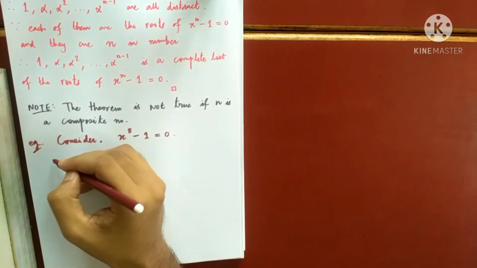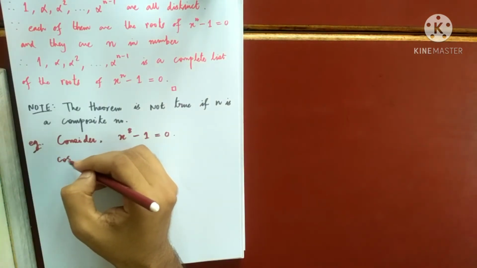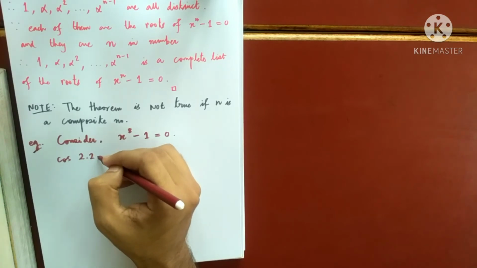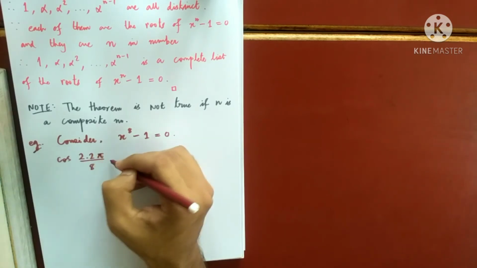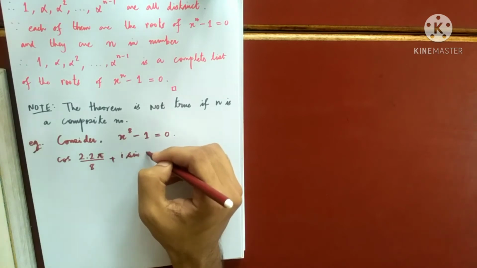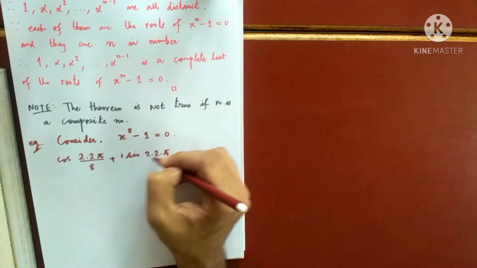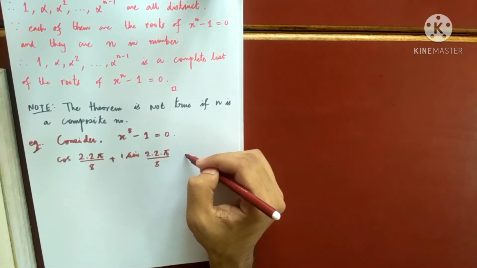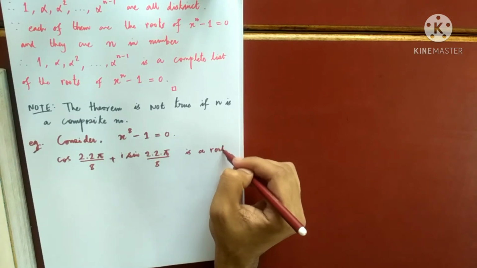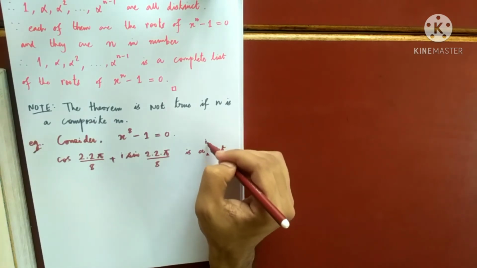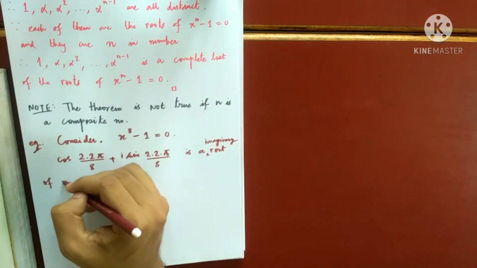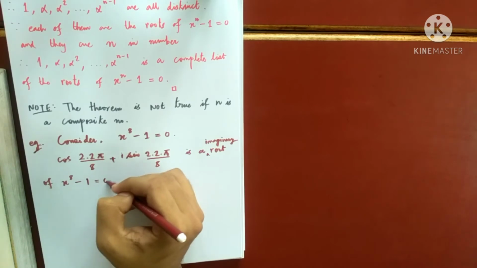So consider this root: cos 2k pi by n plus i sin 2k pi by n, where you choose k as 2, and here n is 8. So this is an imaginary root of x to the power 8 minus 1 equals 0.